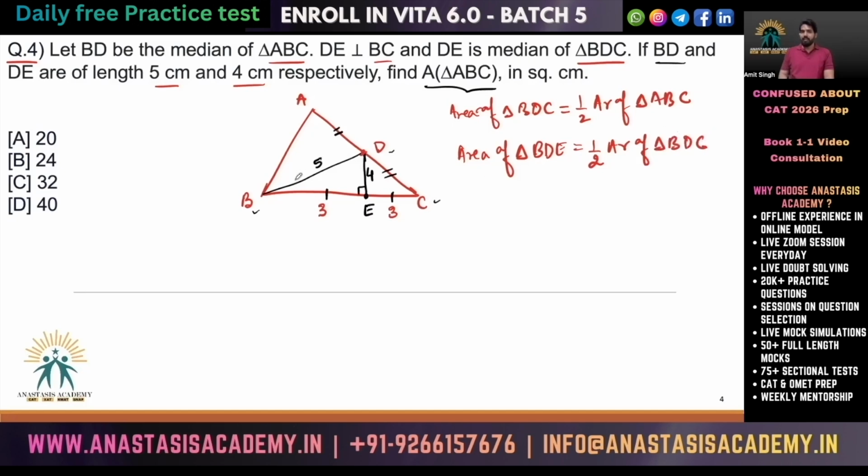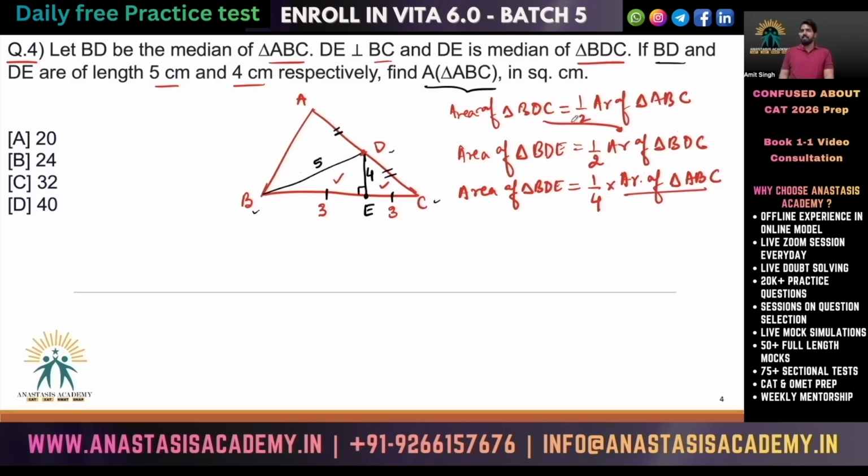This median divides the area of this triangle BDC into 2 equal parts. Now you can directly say that area of triangle BDE would be 1/4 of the area of triangle ABC, correct?